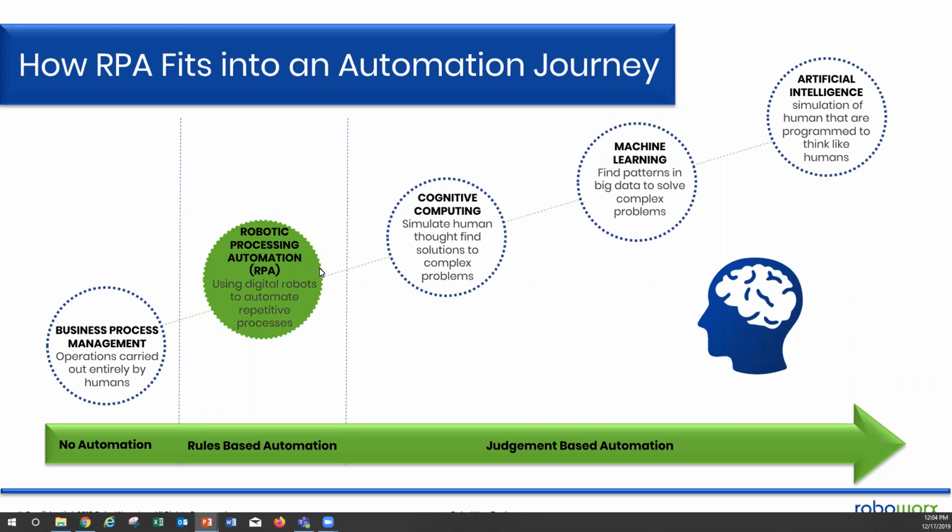So there's no thinking involved. The next phases of automation start to get more sophisticated. The next stage would be cognitive computing, which simulates human thought, machine learning, which looks at big data and finds patterns, and then of course artificial intelligence, where they're really starting to think like human beings. But today we're going to focus on RPA, robotic process automation.